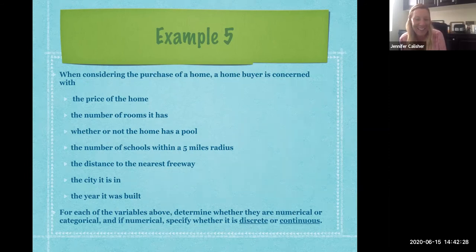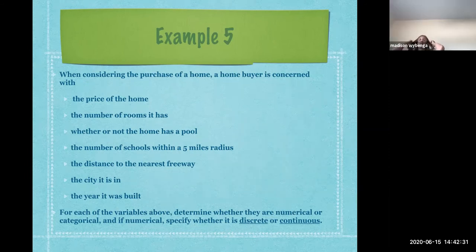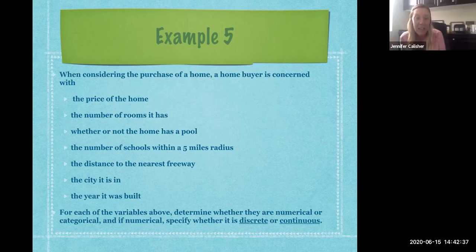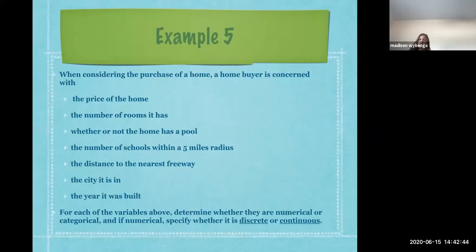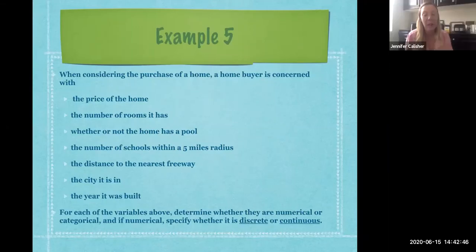And why? Because it's only up to a 5 mile radius. Like the number of schools within a 5 mile radius could be 5 schools or 6 or 7 schools, right? So we're not measuring it to a certain level of accuracy. We don't have to worry about half a school.